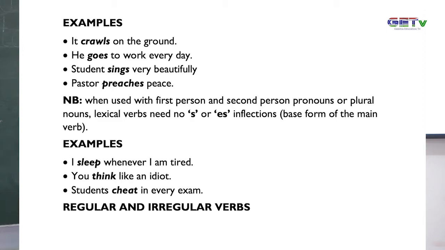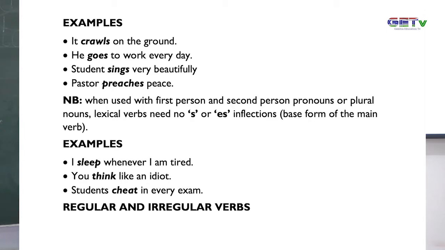If you say it crawl, it's going to be wrong because there wouldn't be agreement between the subject and its verb. Example 2. He goes to work every day. The he is singular. And then the goes is also singular because the go is the base form. Since es is added, it makes it singular. So there's agreement between the two.